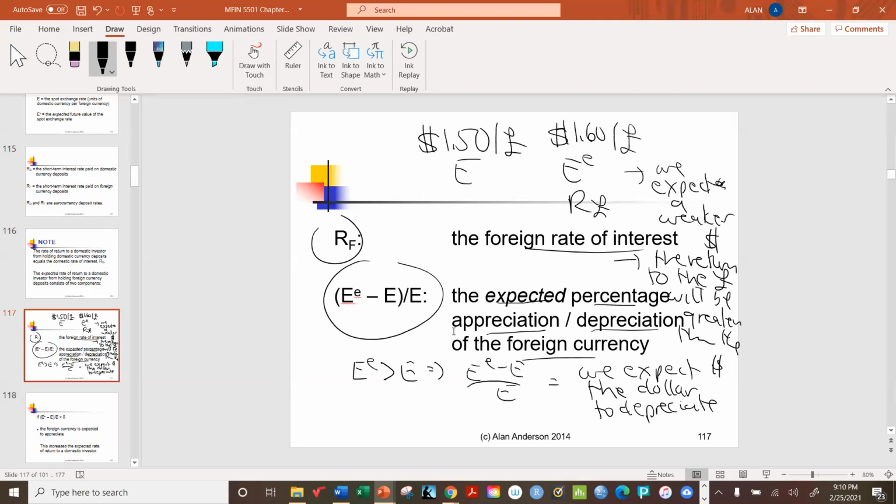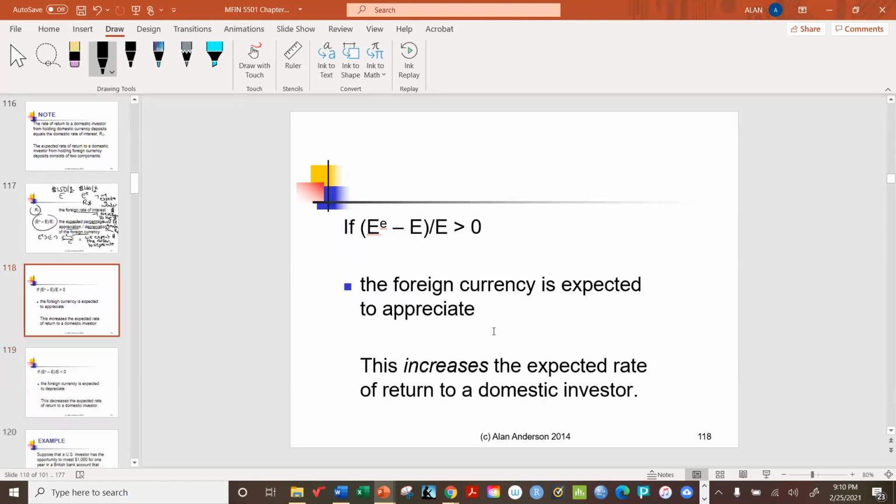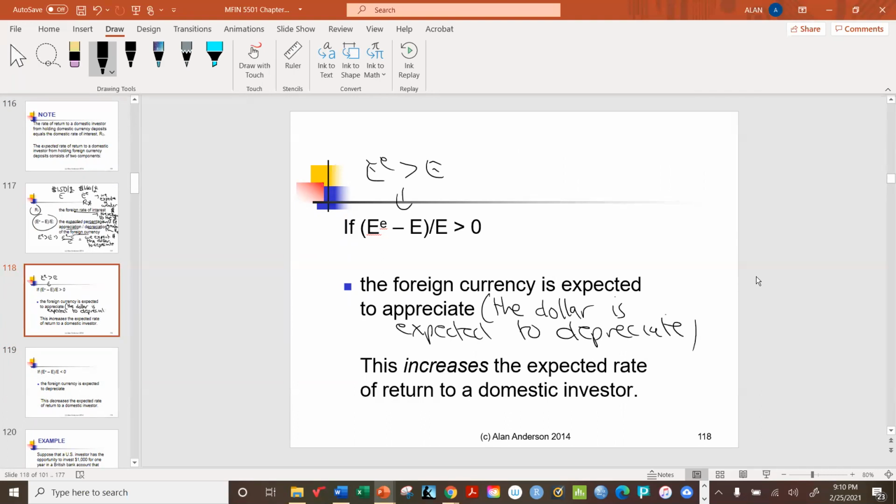All right. Now, let's see. We got some numerical examples here somewhere. So, yeah, that's the case we just looked at. EE, wait, let me do it like this. It means the same thing. The dollar is expected to weaken against the foreign currency, that means that we would be better off holding the foreign currency. Okay.